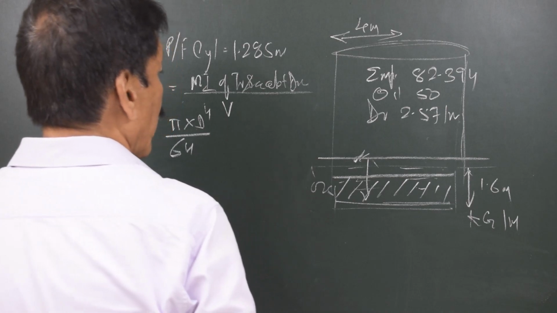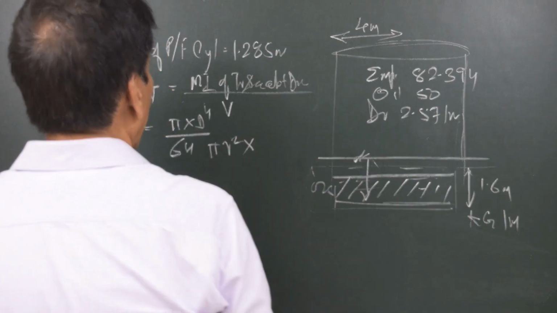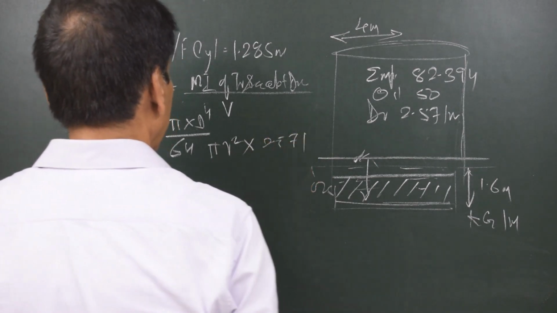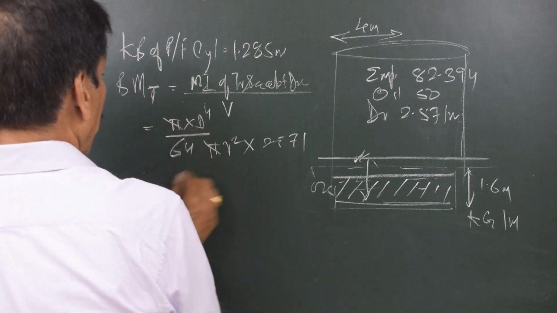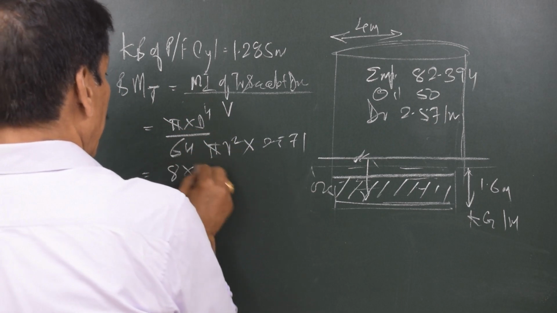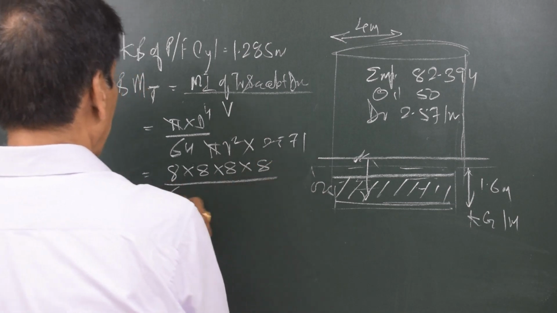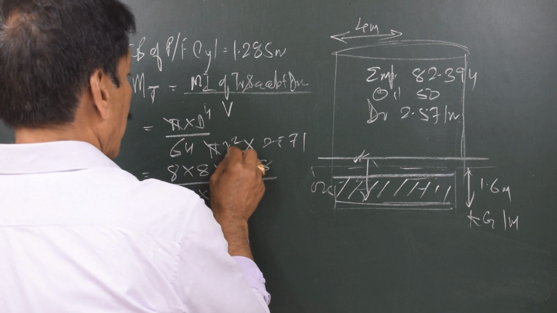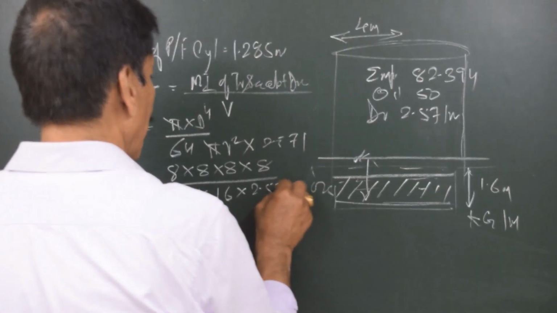Underwater volume is given by pi r square into the draft, that is 2.571, right? So if I cancel pi with pi, it is 8 into 8 into 8 into 8 divided by 64 multiplied by 4 square, that is 16, into 2.571.